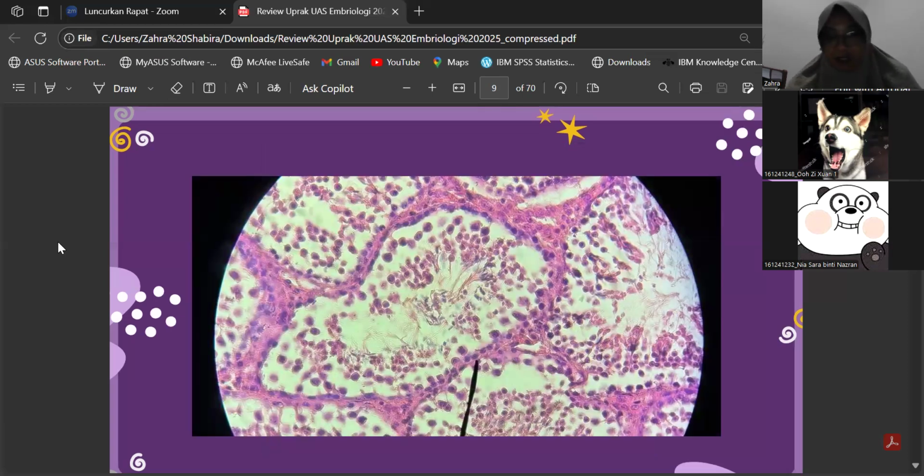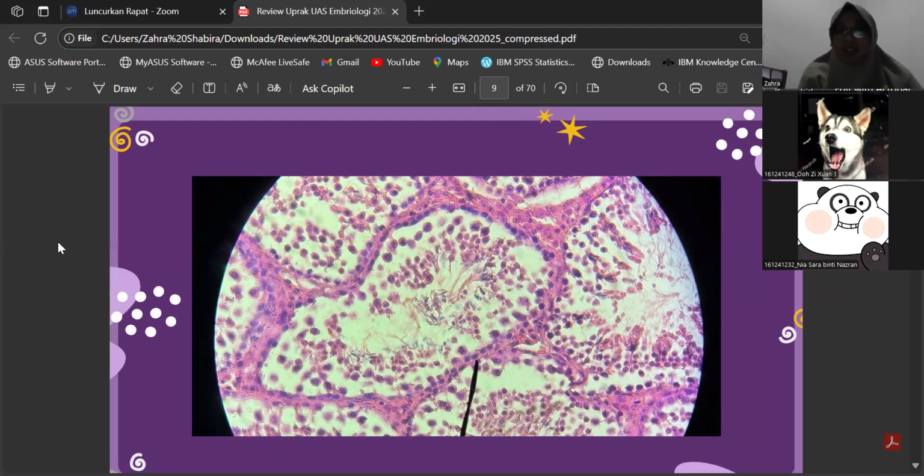Now this one has a black arrow over here. If the question is, what is the name of the part pointed by that arrow? What slips into your mind? What are you going to answer? Lamina basalis.